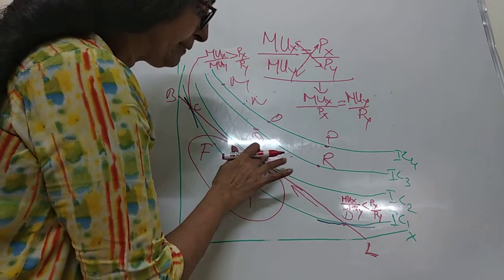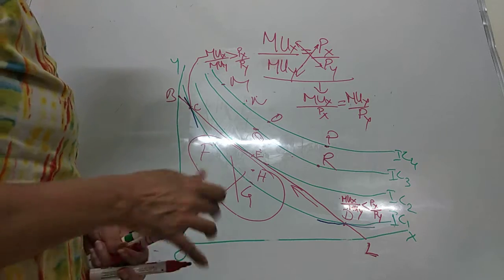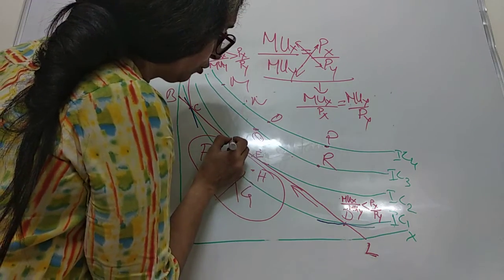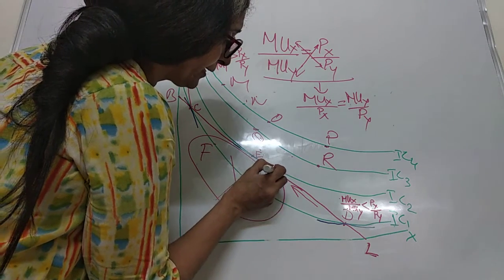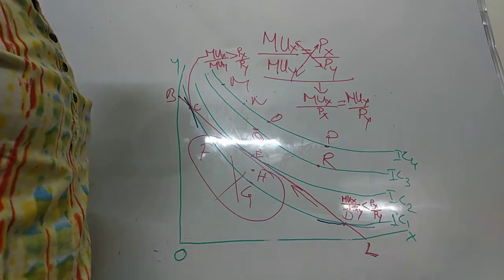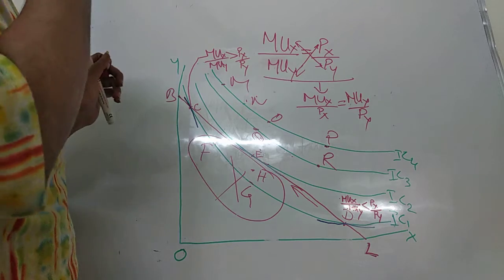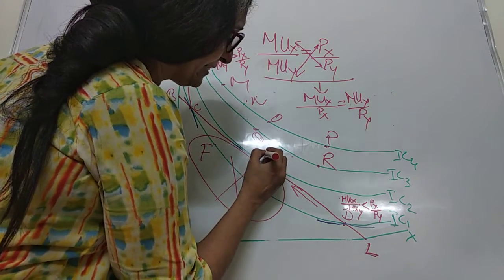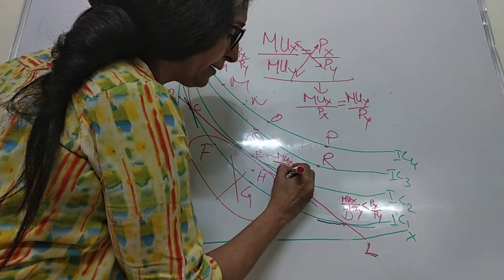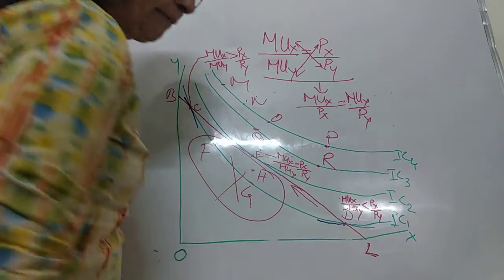Now coming to E. At this point we see that if I try drawing a tangent to the point E, then it will coincide with the budget line. It's coinciding with the budget line. That means at point E, the budget line is tangent to the indifference curve, which means at this point, MUX upon MUY is equal to PX upon PY.